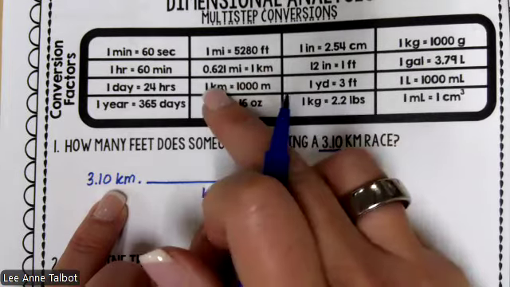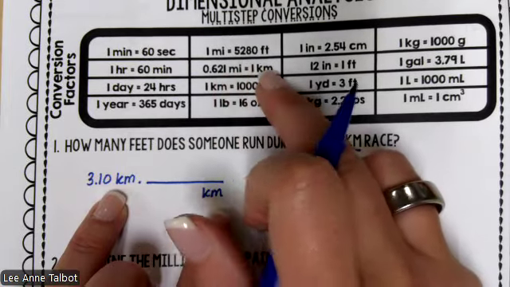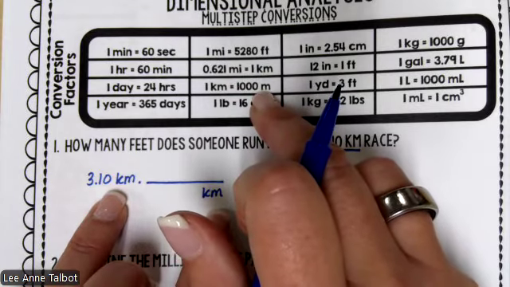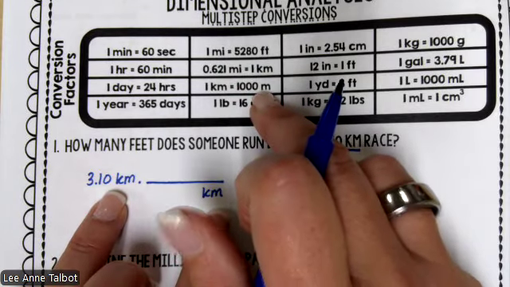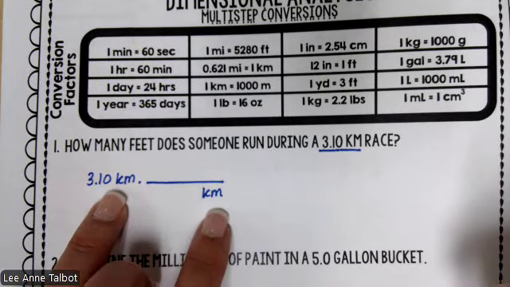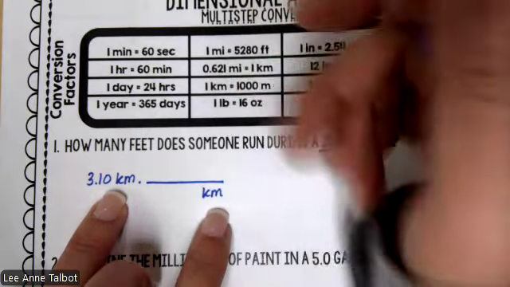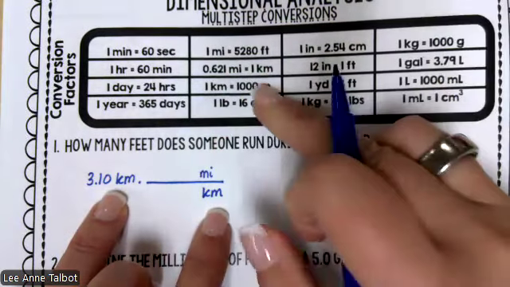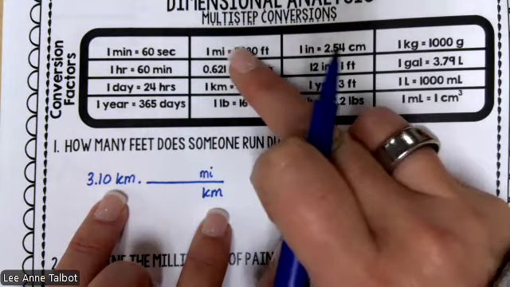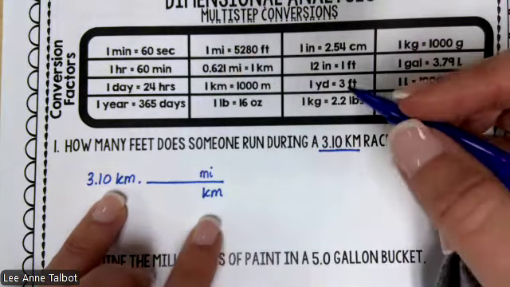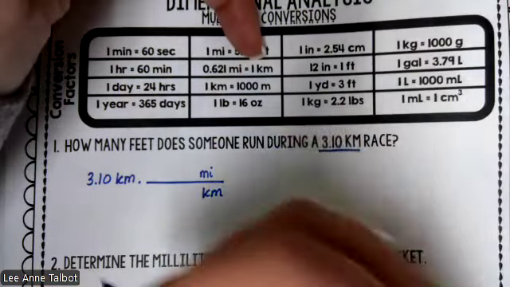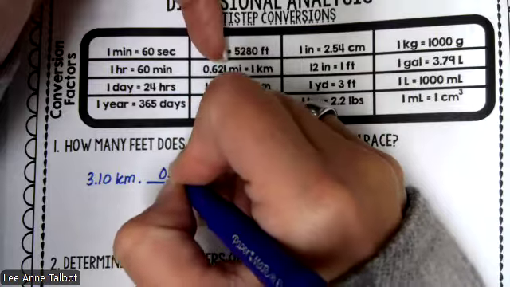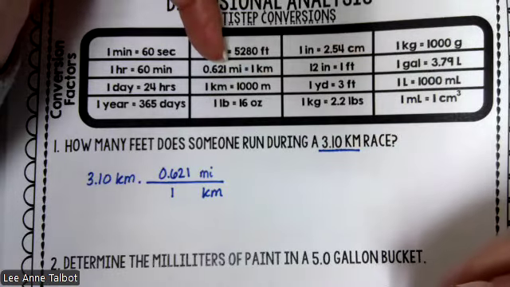So I have 2 options, kilometers to miles or kilometers to meters. Okay, and since you want to go to feet, you want to put miles on the top because I have another conversion right here from miles to feet. So this box says 1 kilometer is 0.621 miles.